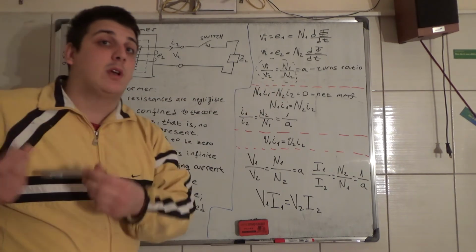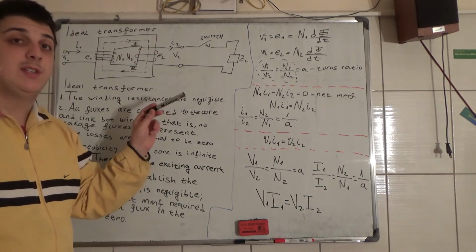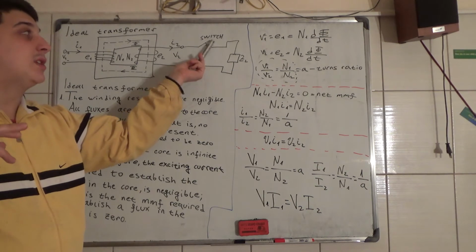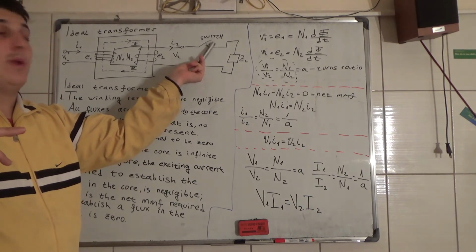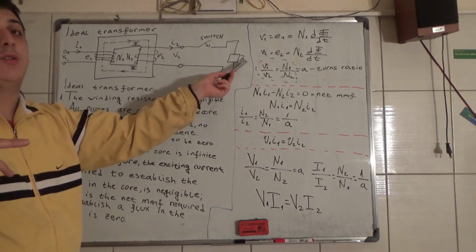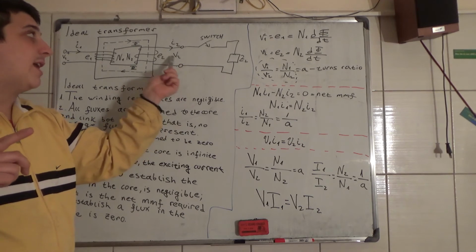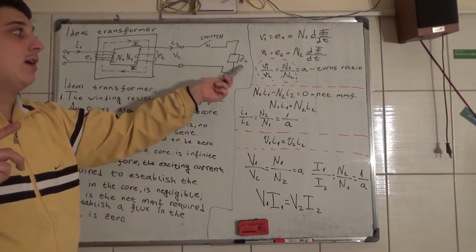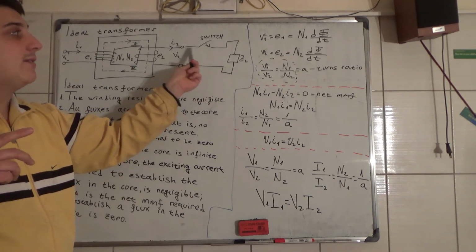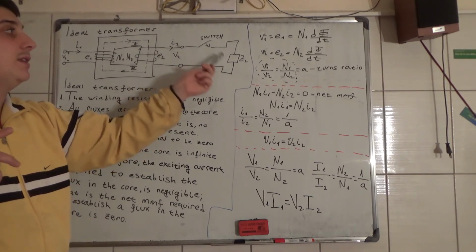And what about the currents? Now, a second situation is when this switch is closed and we have a load, the impedance of the load. We connected a load on the secondary. So if you have a voltage and you have a load and you have a closed circuit, then current will flow in the secondary.